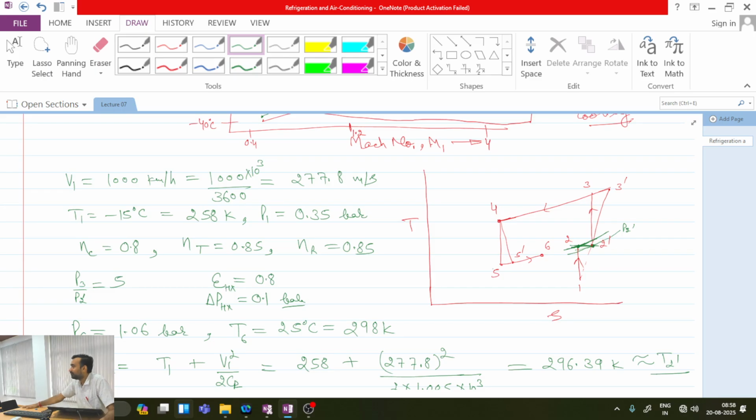Why should ram work not be included? Because ram work is happening because of a spontaneous process. We do not have any additional shaft where we are giving some input power to do the ram work. It's actually work done on the system.